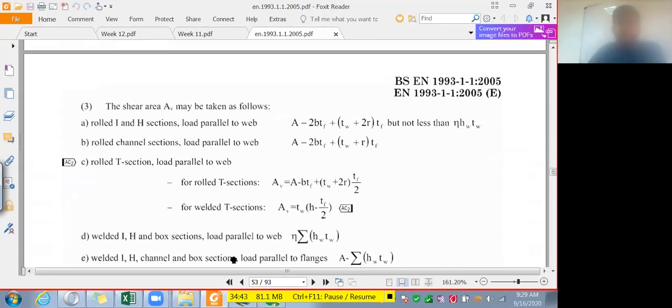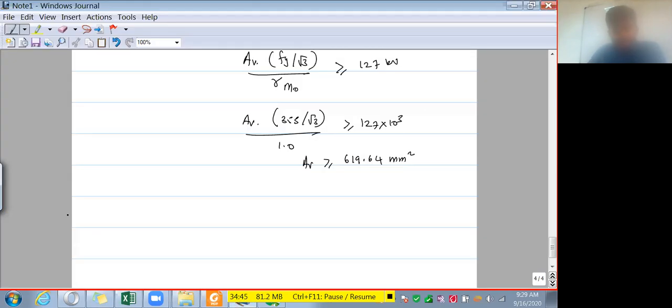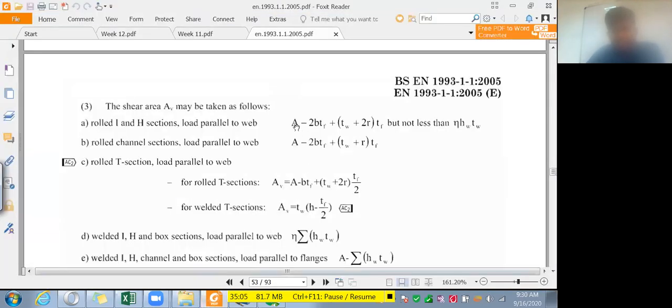If you take the I beam that we are loading, the loading is like this. Loading is parallel to the web. Since that is the case, we have to choose this equation.